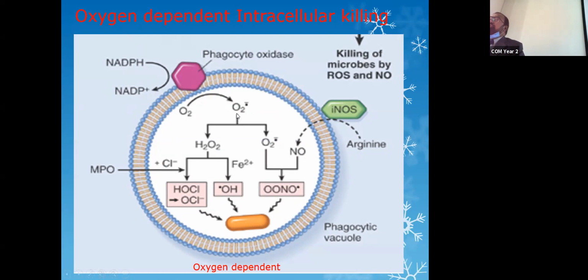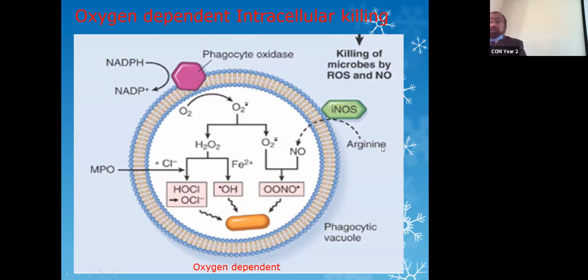Now this superoxide, with the help of MPO, myeloperoxidase, which secretes chlorine here, and by having chlorine here, it converts this hydrogen peroxide into hypochlorite plus OH ion, hydroxyl ion. So hypochlorite and OH ion are the powerful killers of the bacteria.